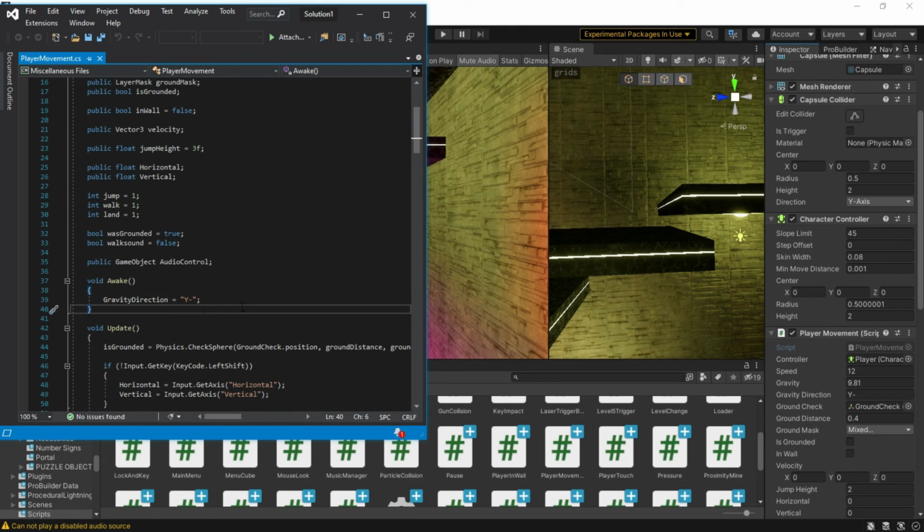That doesn't mess with the loading system, because the load system gets your saved gravity direction at start, which comes after awake. So kind of a subtle little thing there, but yeah, this should solve that quite nicely.